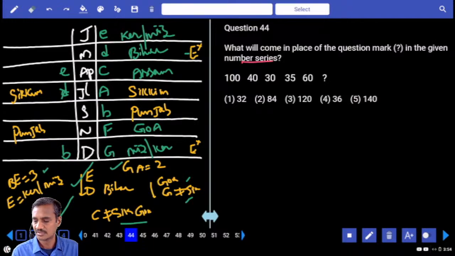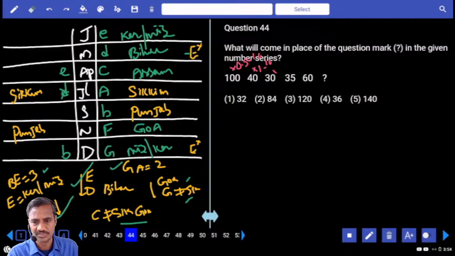Into half. Now 100 into 1 by 2. How much is that? 50. And that is into 0.5 minus 10. And next one, 40 into 1. And 40 into 1 minus 10.